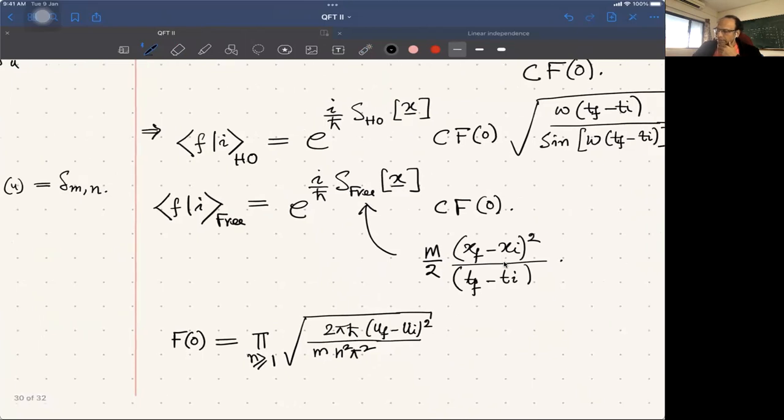When we rotate it back, uf minus ui will give you minus times tf minus ti.